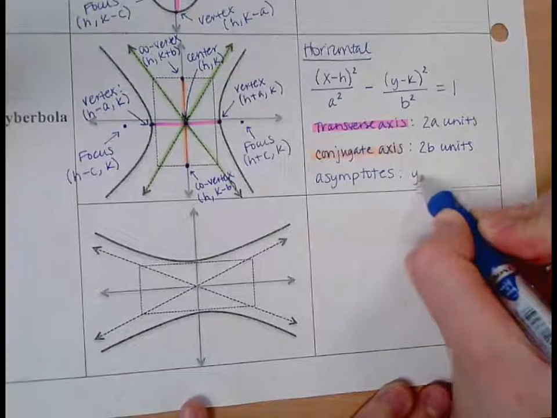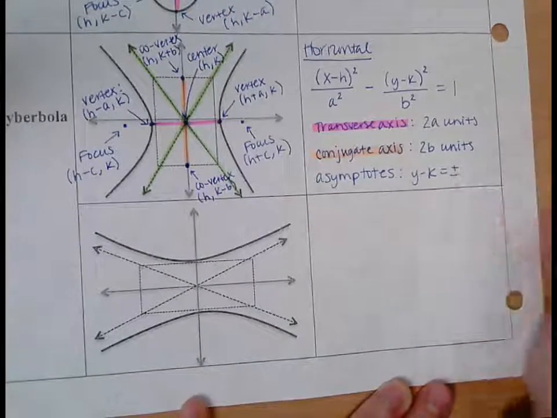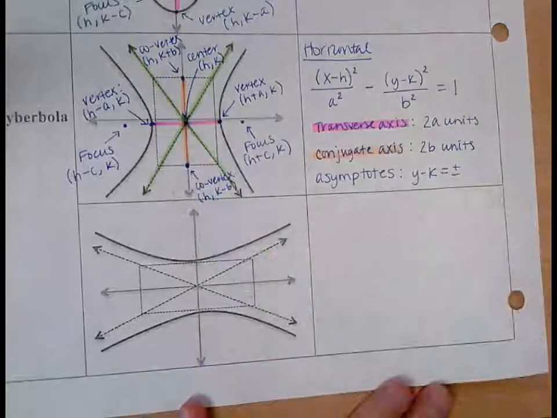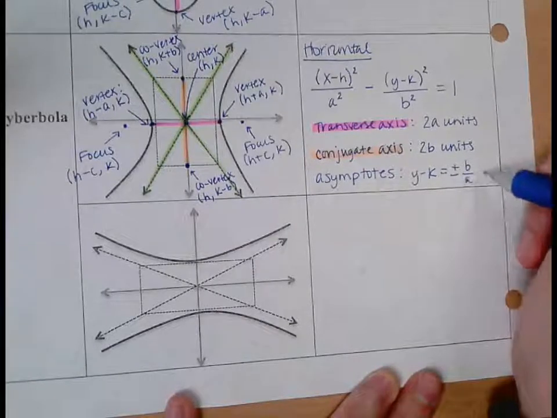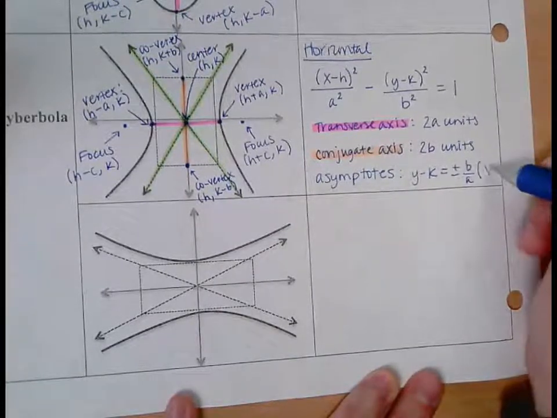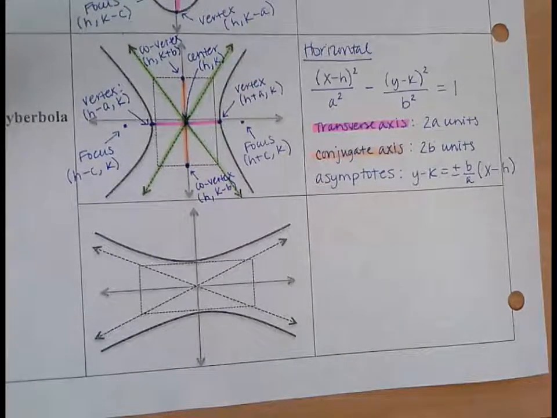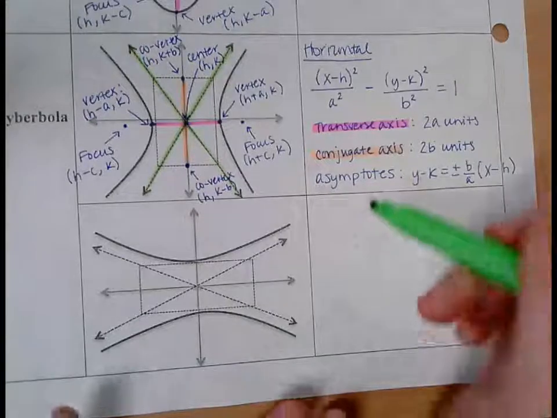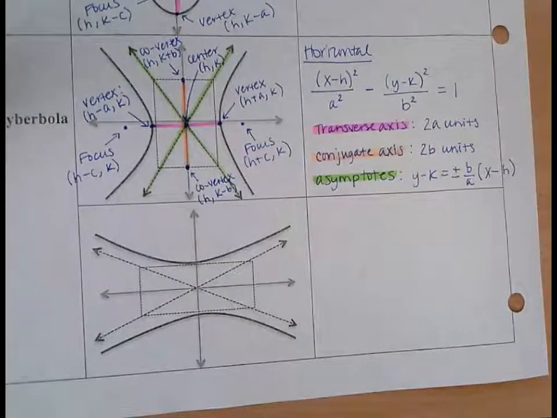So it's y minus k equals plus or minus, because one of those lines has a positive slope, one has a negative slope, plus or minus, the slope is b over a times the quantity x minus h. We're actually going to be using the equations of the asymptotes today, so you'll see how those could be used to get the equation of a hyperbola.